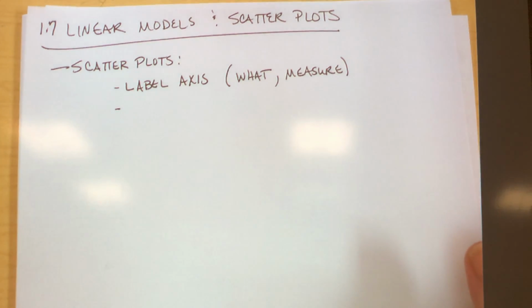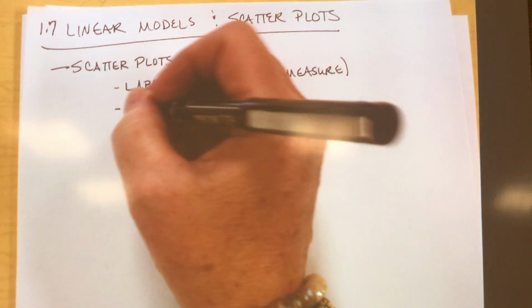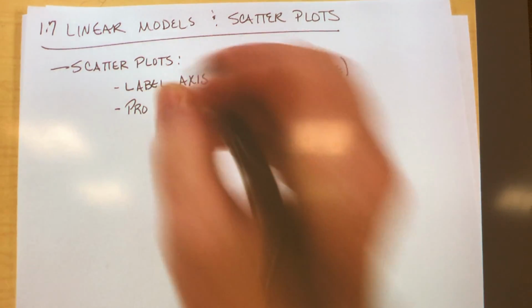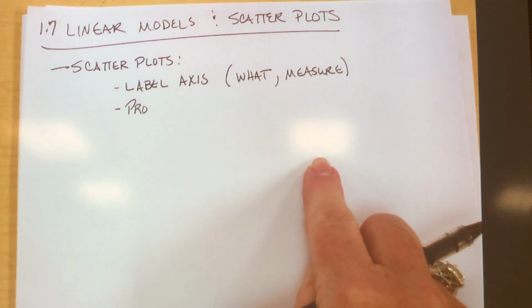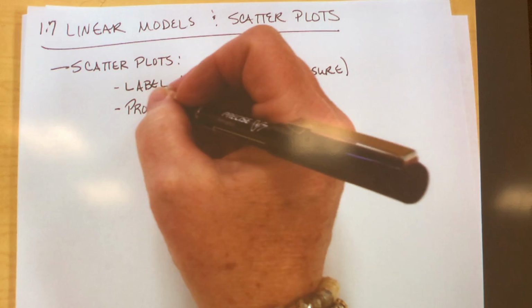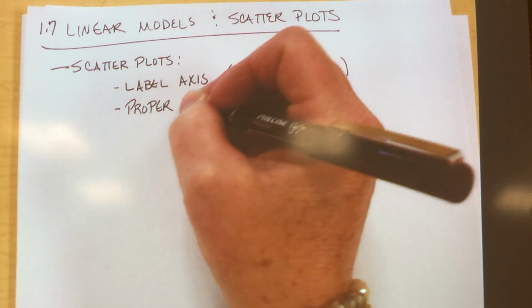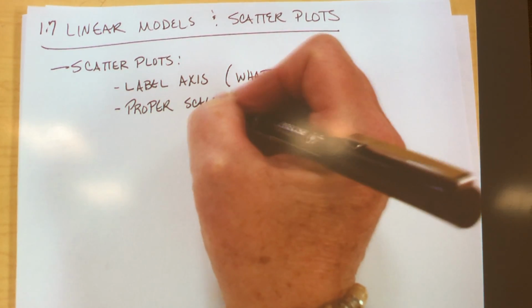If it's height, then tell me what it is. Is it feet? Is it miles? Whatever. You can put that in parentheses abbreviated, or you can just write it out. I'm okay with it. And then I want a proper scale.